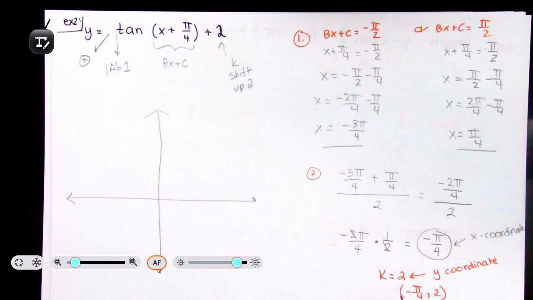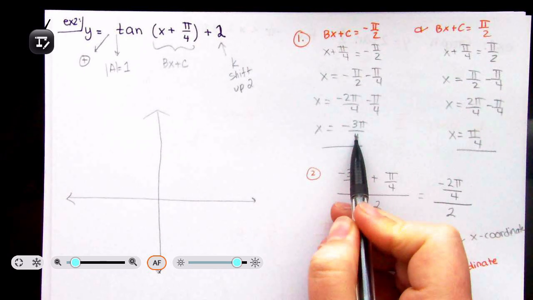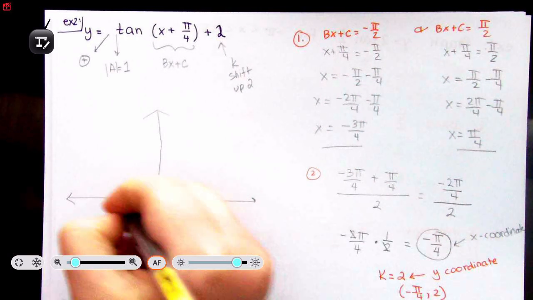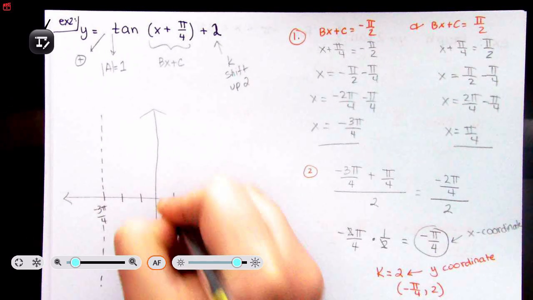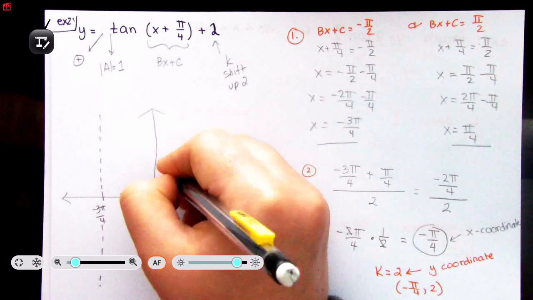Okay, so what do I have here? I have an asymptote. I hesitated there for a second. I have an asymptote at negative 3 pi fourths. So 1 pi fourth, 2 pi fourths, 3 pi fourths. Make sure you're using a dotted line. And we have pi fourths.